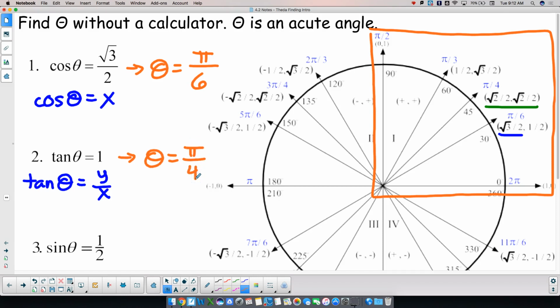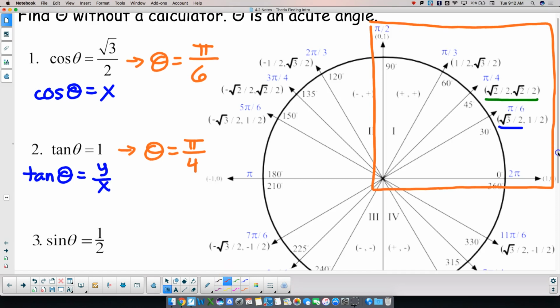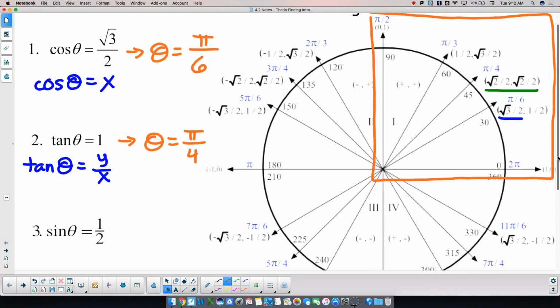Because if I put theta into tangent of theta equals 1, it gives me a true sentence. Okay? Sine being 1/2. Well, sine being 1/2 is where the y value is 1/2. So y being 1/2 is right there, and that's at pi over 6. So theta here is pi over 6.